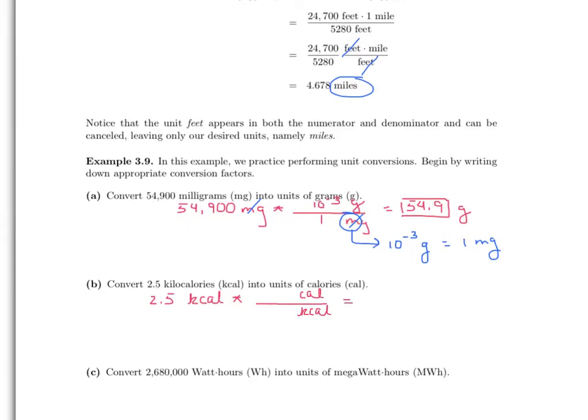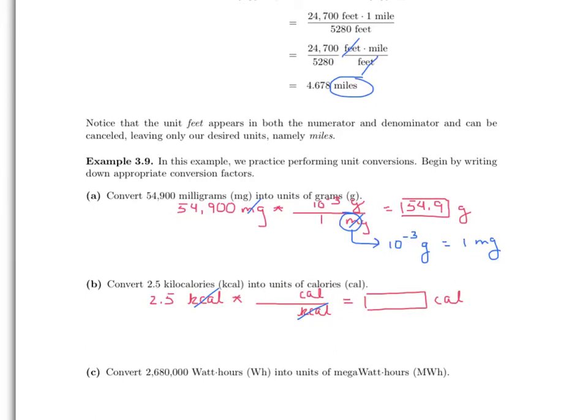We do it this way because then we will have kilocalories in our numerator here and the denominator here, and therefore they will be eligible for canceling. This will leave us with a certain numerical value, and it is given in units of calories. So what we have to work on is figuring out what this conversion factor is.